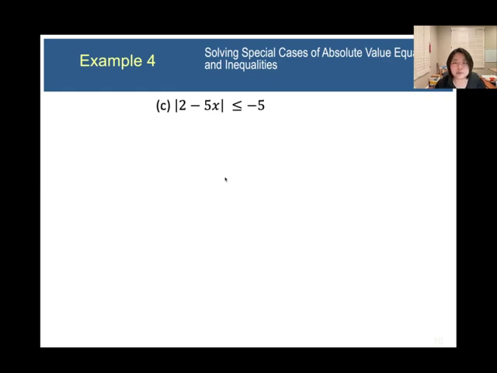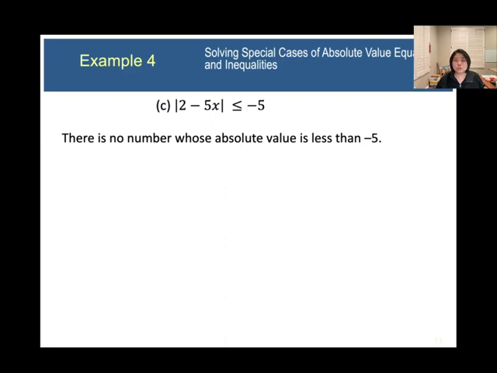Okay, last example. Absolute value of 2 minus 5x less than or equal to negative 5. Think about it. When you take the absolute value, this is always a positive number. Is it possible for a positive number to be less than or equal to a negative number? No, right? So there's no number whose absolute value is less than negative 5.